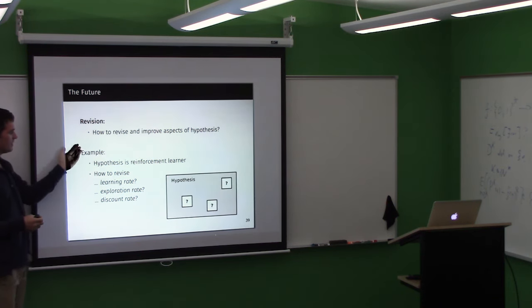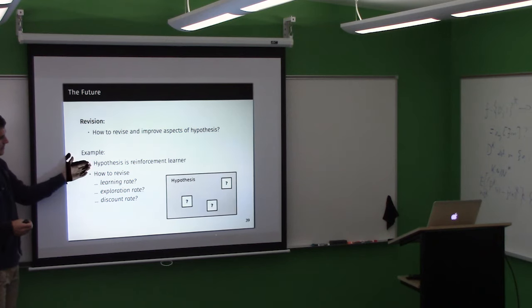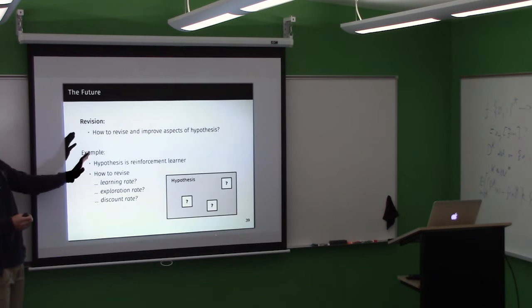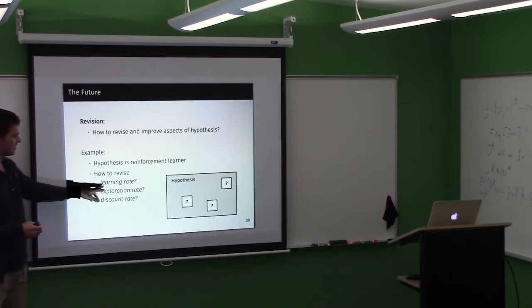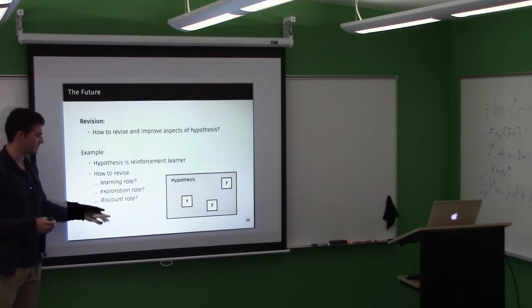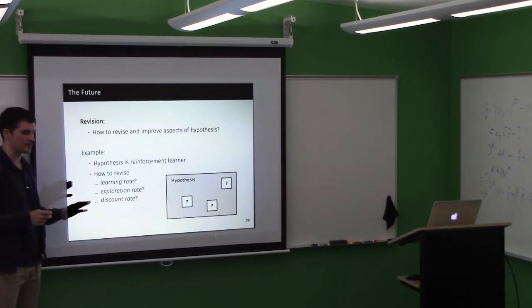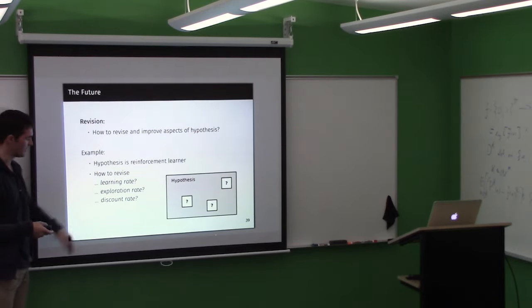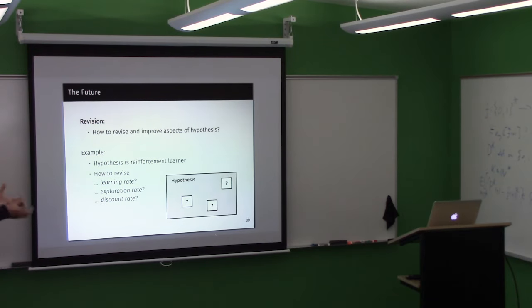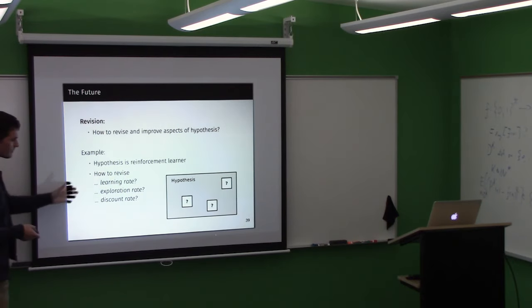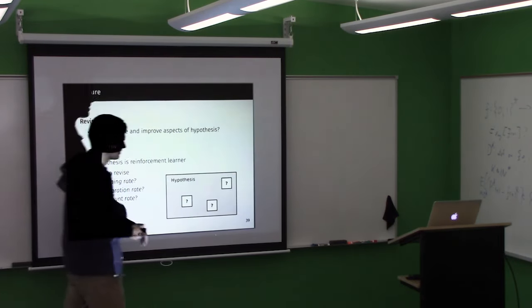So an example would be, if your hypothesis is that the other guy is a reinforcement learner, well, aspects could be the learning rate, the exploration rate, the discount rate, and various modules and parameters. And I'm assuming you're familiar with this. The question then is, based on what you see in the interaction, how should you revise and improve these things subsequently? And when should you do that as well? So this is a really interesting but challenging question.